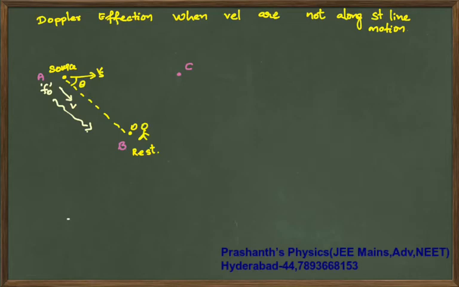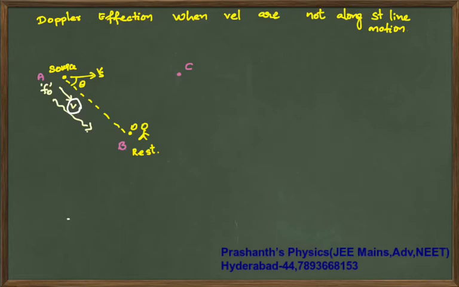Now by the time your sound travels, the whistle produced by the source travels with speed of sound which is 340 meters per second. By the time it travels from A to B, your source will travel from A to C like this. So now they can ask you what is the distance AC, what is the distance AB or some angle depending upon whatever is given.